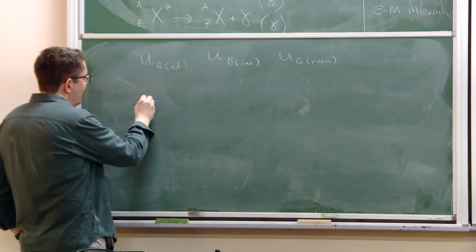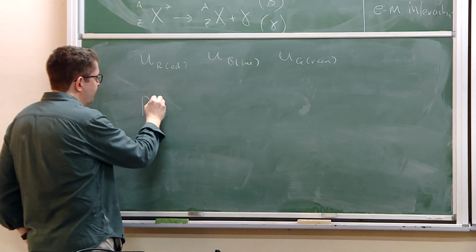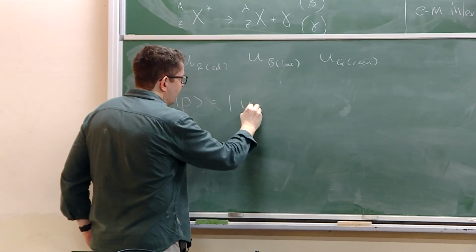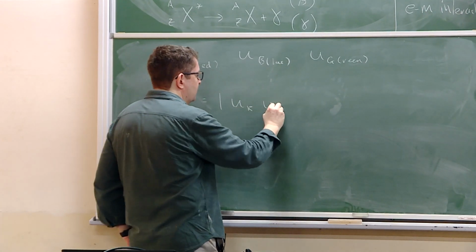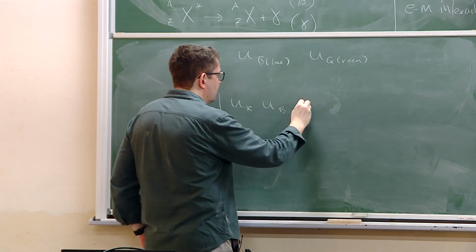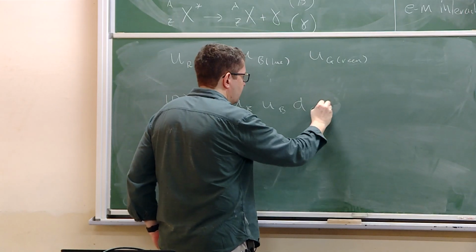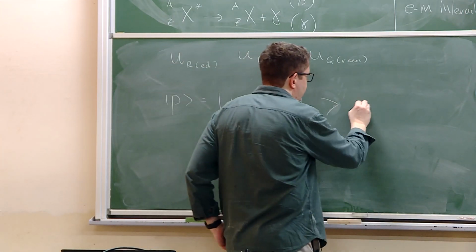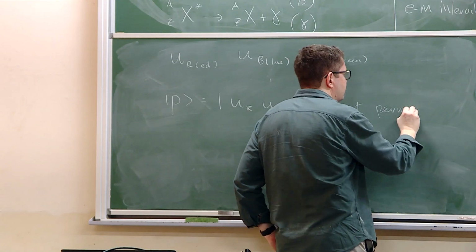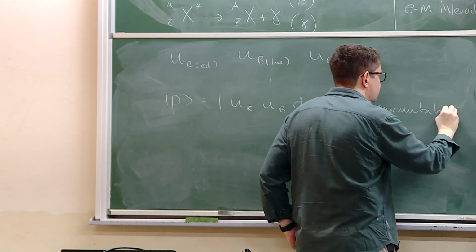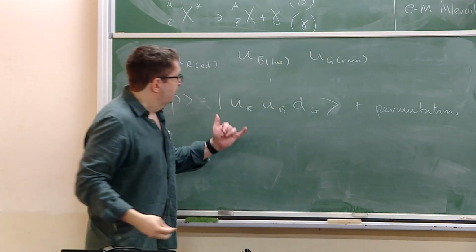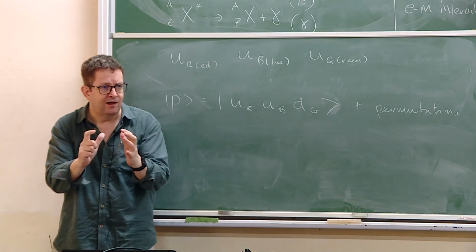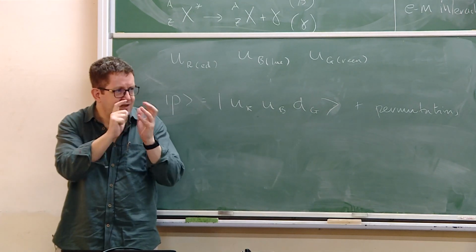So when we have, say, a proton, we have 1 red quark, 1 blue quark, and permutations. So this red, blue, and green combination together, this is a very complicated set of charges.